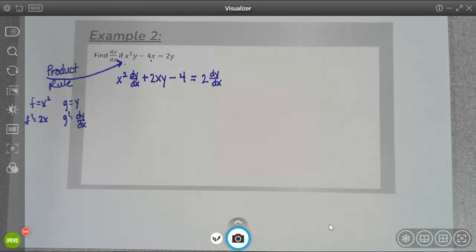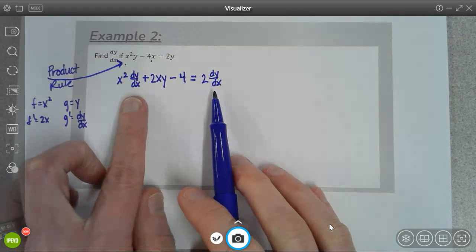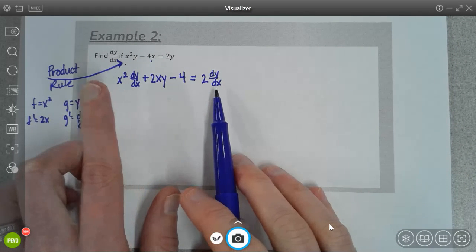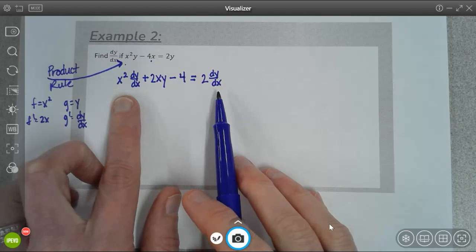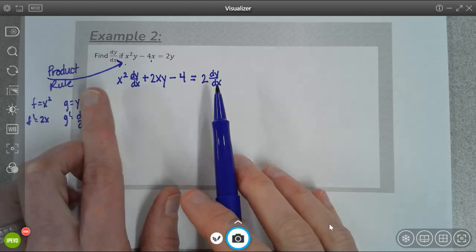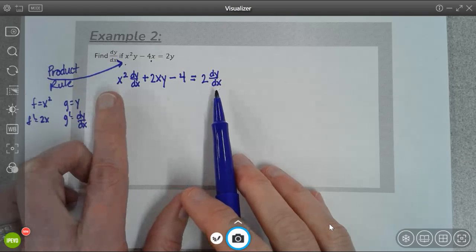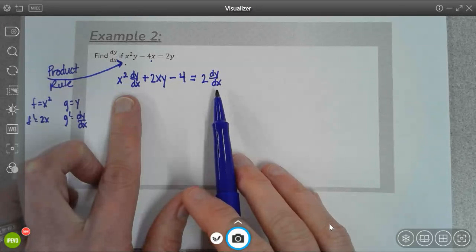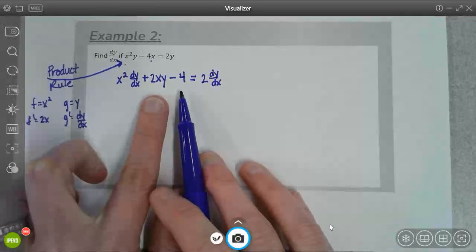Now, what's different about this problem versus our last example is that here we can see we have dy/dx's on different sides of our equal sign. And how you choose to go about finishing up the problem is up to you. But your ultimate goal would be, just like in algebra when you're solving for y, you want to get all of your y terms on one side. So here I would get all of my dy/dx's on one side and anything without a dy/dx on the other side.